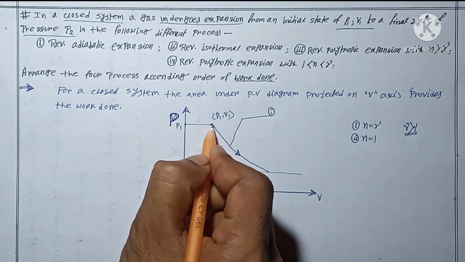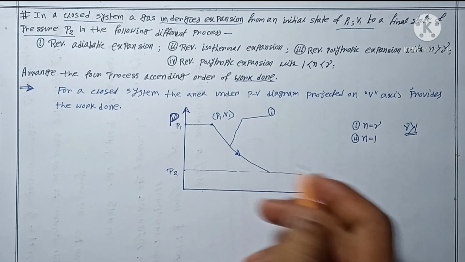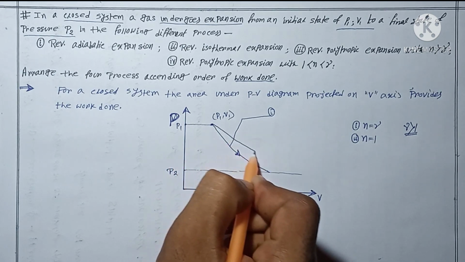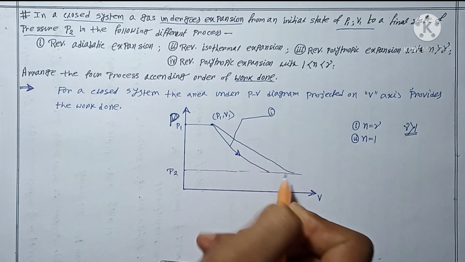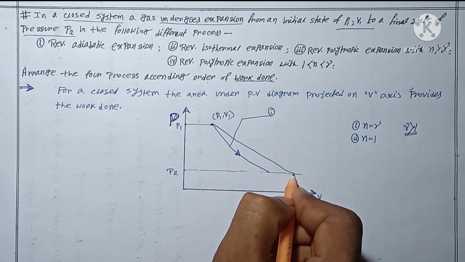This means the isothermal curve will be on the right side of this curve, something like here. This is not a straight line, this is a curve.